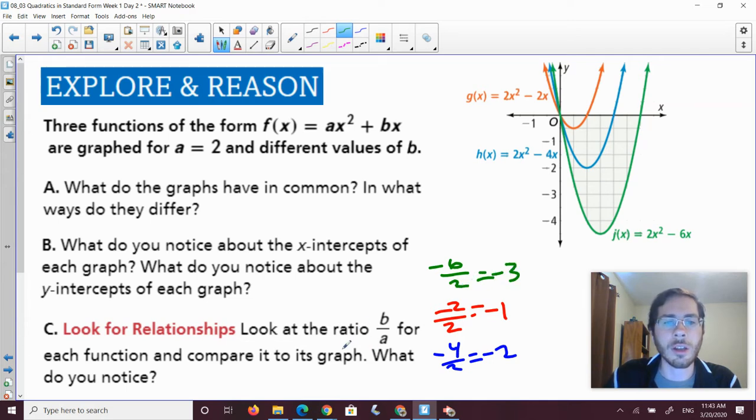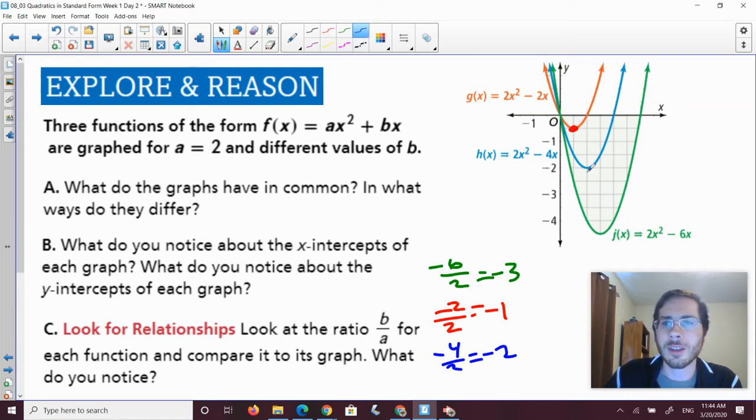So those all go up by 1. We also want to look at how it compares to the graph. If I look at where negative 1 would be important on this graph, nothing's over here. So it seems like nothing is really going on with negative 1, because the red one doesn't go all the way down here. But if we look at the vertex, it's at 1.